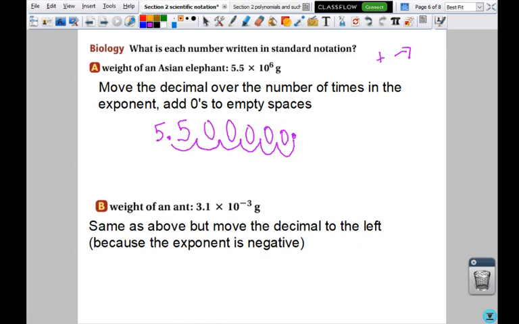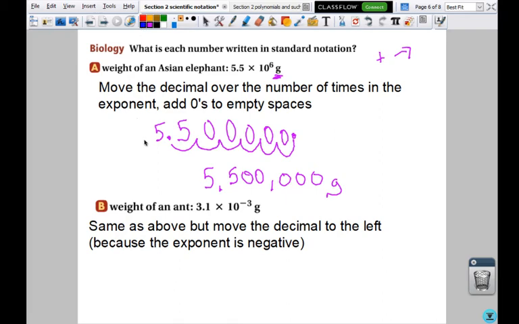And then if I write this so it looks a little nicer, 5,500,000. Because my problem talked about grams, I have to put that grams label on my answer. Because it says, what's the weight? It's not just 5,500,000. It's 5,500,000 grams.